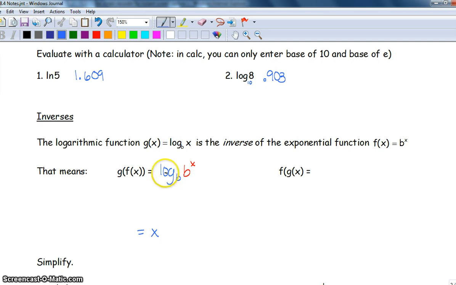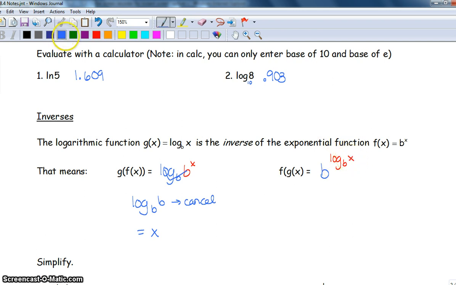So therefore, this is going to cancel out. So anytime you see log base b with b there, that cancels out and gives you x. So we go to the next one, we want to find f of g of x. So I start with my f of x function, which is b to the x power. But I'm going to take out that x, and I'm going to plug in the g of x, which is log base b of x.